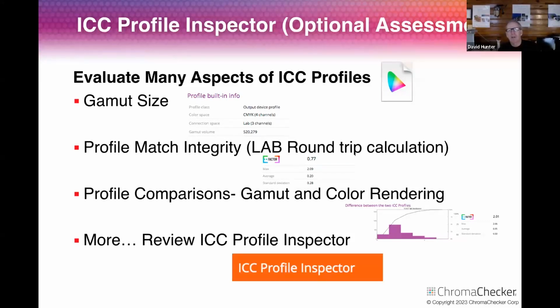Also, there's something called a round trip integrity check. And what this does is, an output profile is actually made of 2 parts. And this is going to sound a little technical, but there's a LAB to CMYK component and a CMYK to LAB component. And depending upon how you're using the profile in the workflow, that will determine which table of the profile you're using.